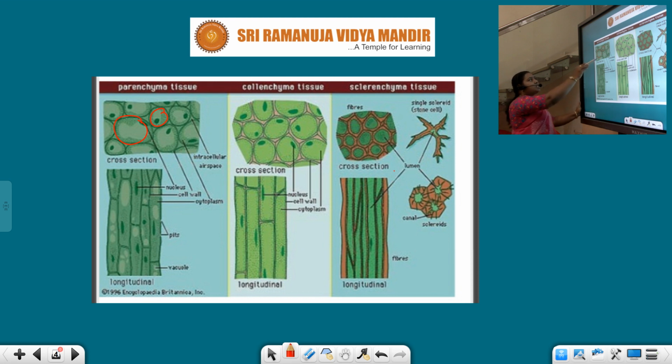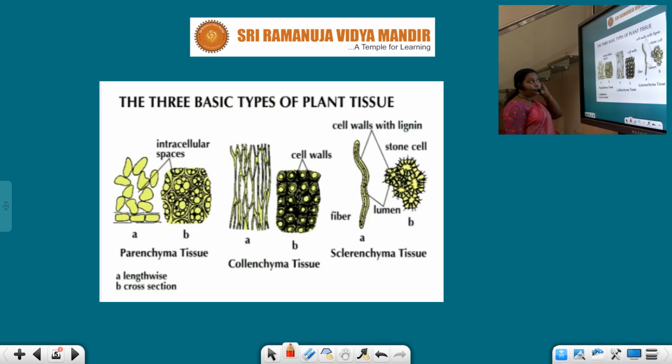This is the cross section view of the tissues, and this one is the longitudinal view of the tissues. See the three basic types of plant tissues, children: parenchyma, collenchyma, sclerenchyma, as said. The fiber lumen is present. We can also call these cells of sclerenchyma stone cells, with cell wall containing lignin.